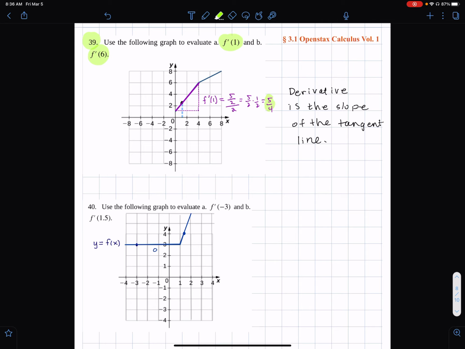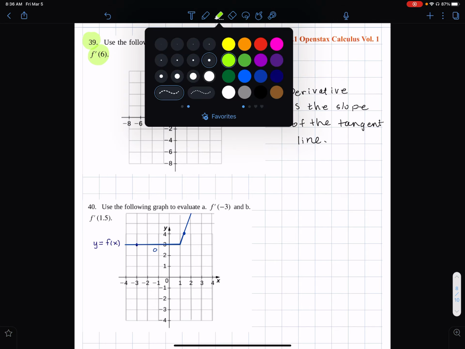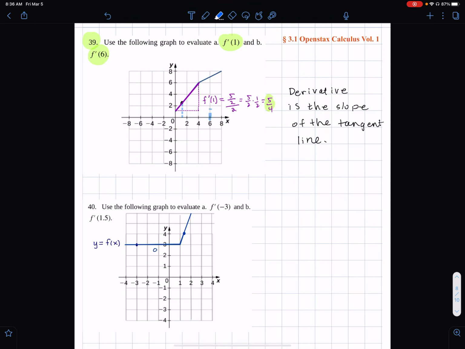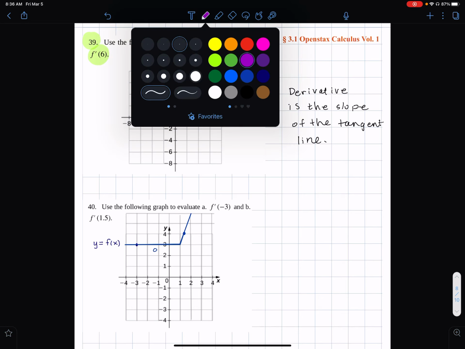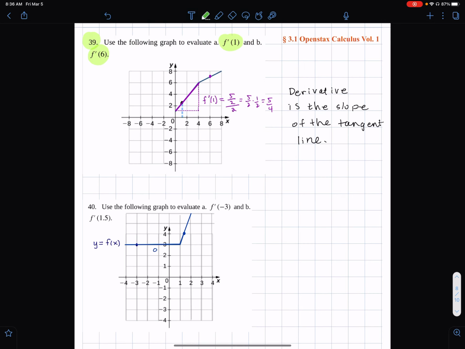And then for f prime of 6, going back to the graph, here's 6. See, 6 is right there. It starts getting really messy when I do that, but see, f of 6 is right there. So let's draw another little triangle there.